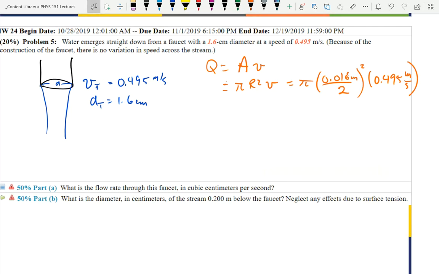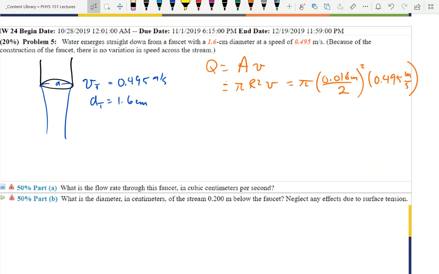What was the diameter in centimeters 0.200 meters below the faucet? Neglect any effects due to surface tension. Now, when it says that, this is part of the magic. What is surface tension doing? It's holding the water together. If you truly neglect the effects, then you're going to have a more difficult time.